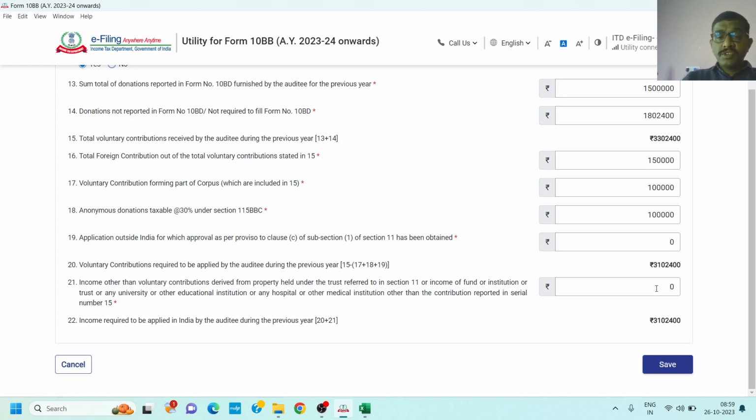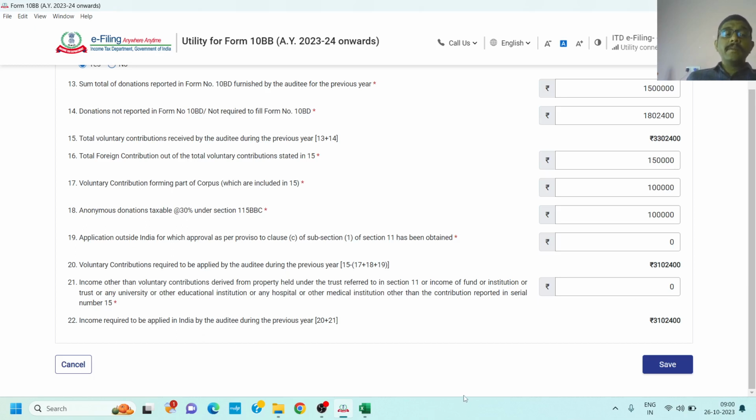Here we are supposed to disclose the interest income and the rental income that we receive, because in this particular clause you will have to disclose all the items that you have not reported in any of the clauses above. In effect, this is a reconciliation with the income and expenditure account or the receipts and payments account that the trust prepares. So any income that you have not reported in the clauses above, like interest income or rental income, you will have to disclose here.